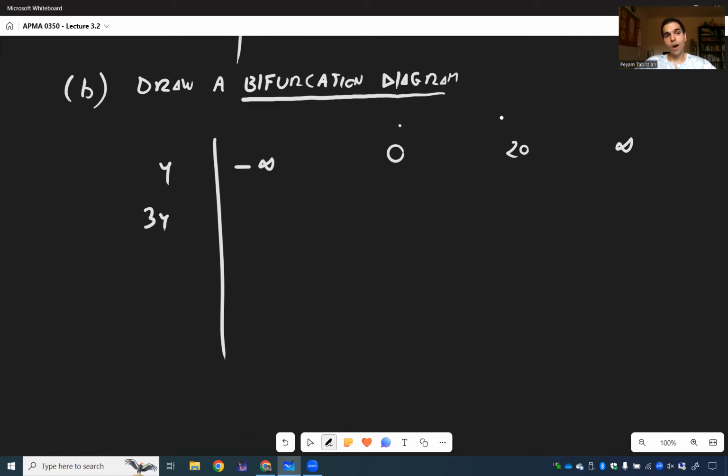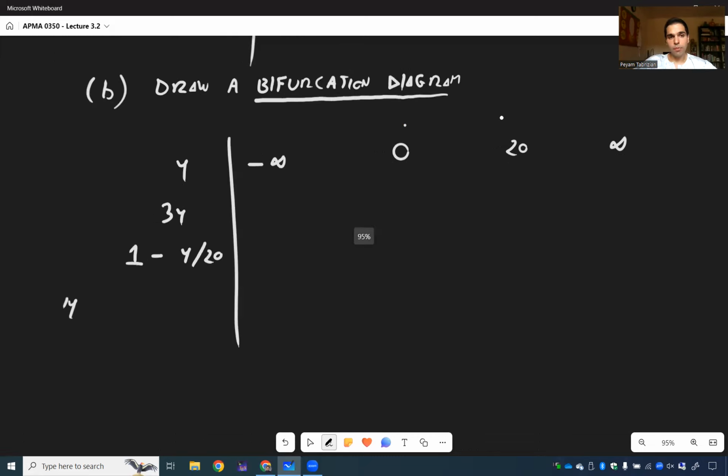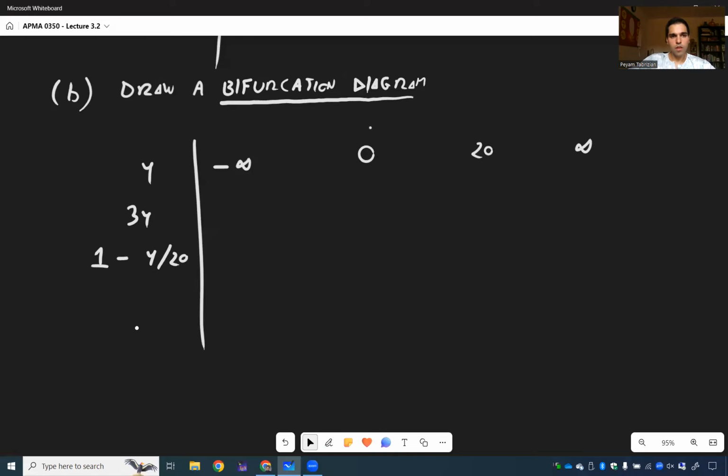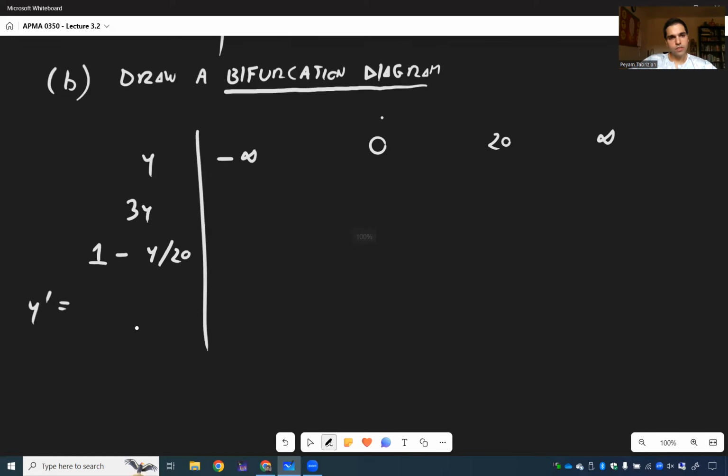So we had a 3y, we had 1 minus y over 20, and then the product, so y prime, which was 3y times 1 minus y over 20, and then your function.